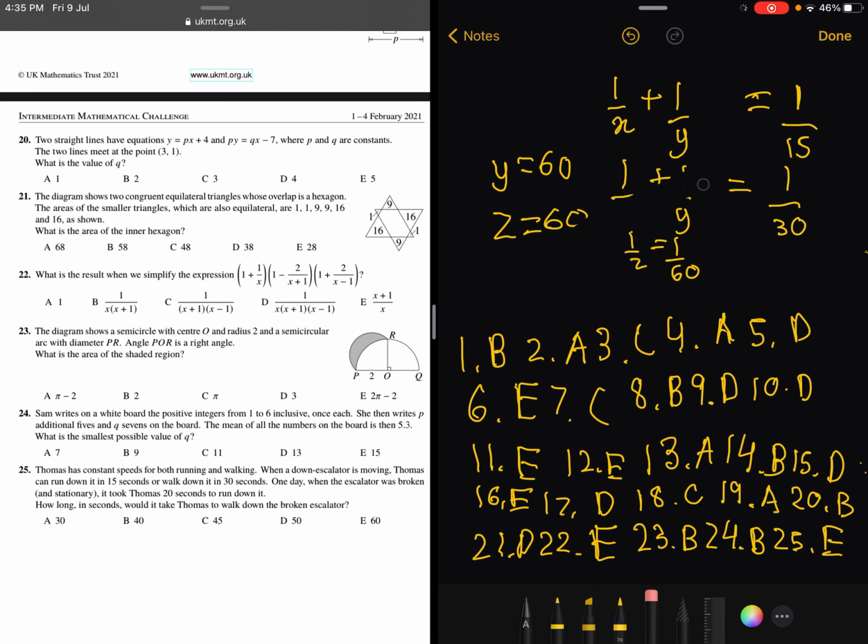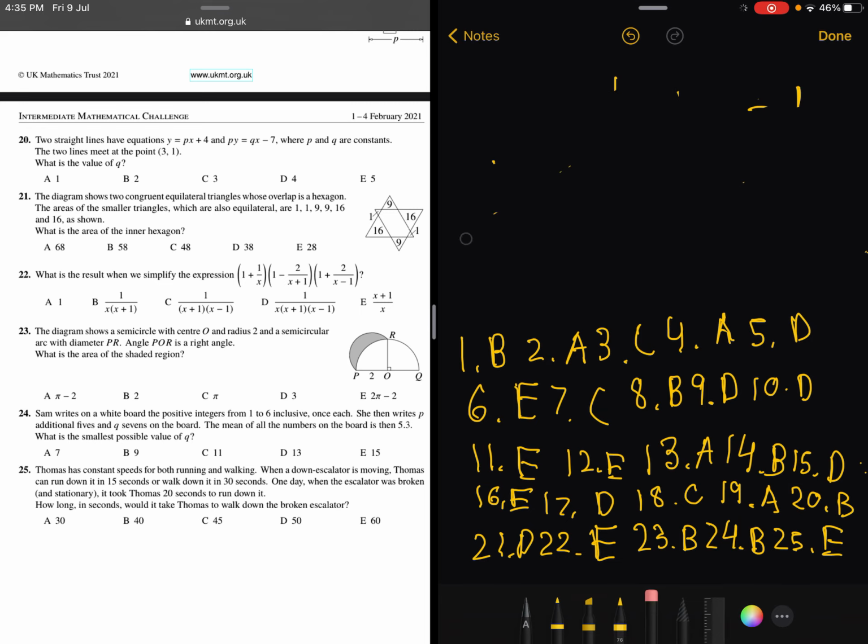So finally, we have come to the conclusion of the 2021 IMC Cayley paper. For the last question, remember, their method is very tricky.